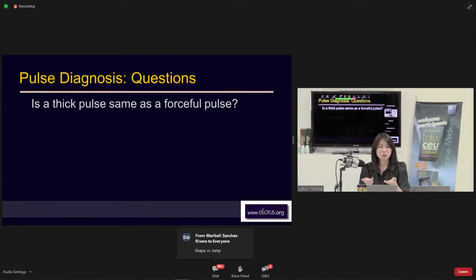Forceful pulse, that's a jump. So that's like talking apples and oranges. They're not the same, okay? Because thick can be forceful, thick can also be thin, and forceful can be thick and forceful can be thin, right? So it depends on what it is. The diagnosis is different. So those two are not the same. Good job.